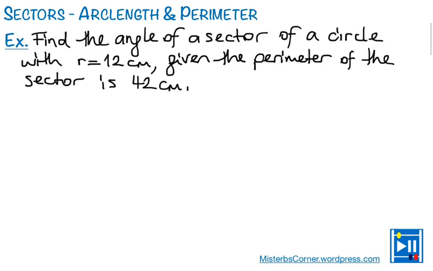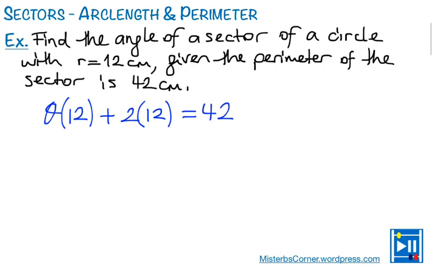If I assume the angle is theta, I multiply theta by the radius, which is 12. This is the arc length, and then I add 2 times the radius to end up with the perimeter, right? That's how I was calculating the perimeter. So the perimeter will be 12 theta plus 24, which is 42, right?